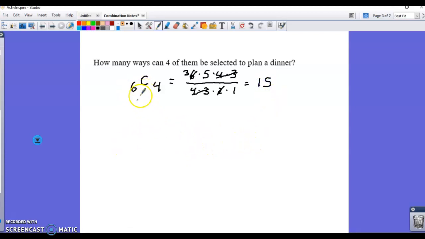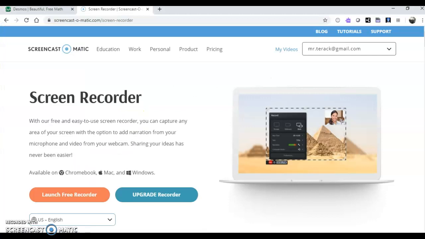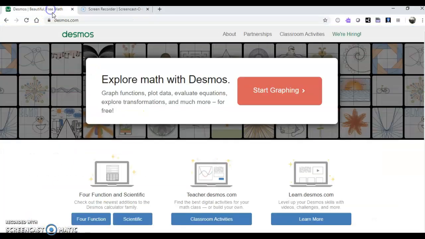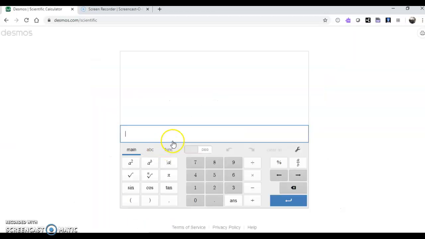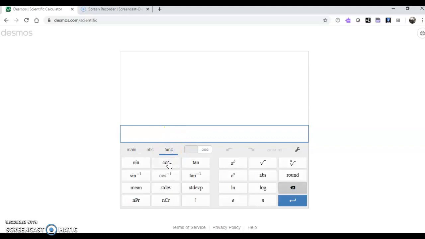So that's 6 choose 4. Now, also, if you're using Desmos, use the scientific calculator. You don't need the graphing. And you can do your functions.